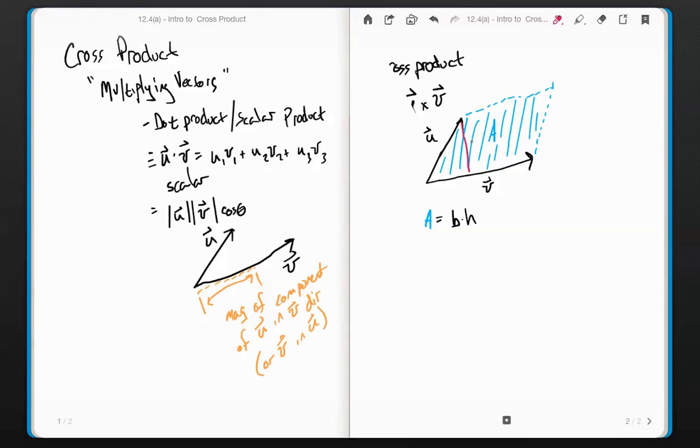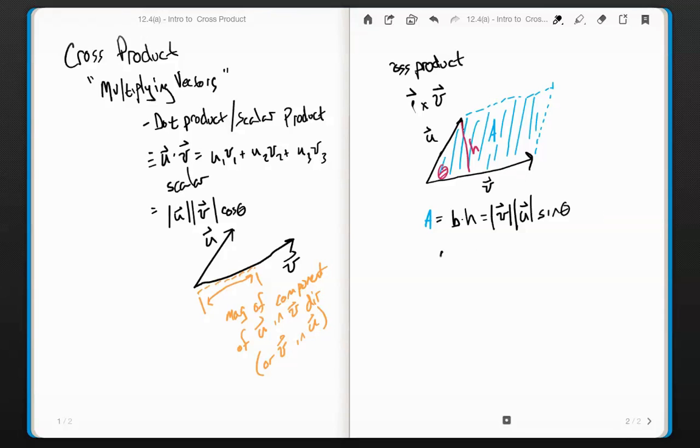If that's the height there, and that's theta, so equals v is the base, and the height is u sine theta. So it's the magnitude of v times the magnitude of u times the sine of theta, which gives us the area of this blue parallelogram.